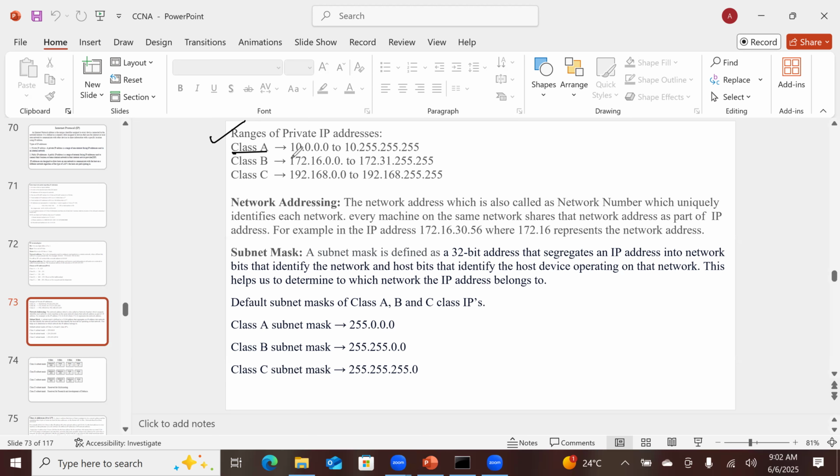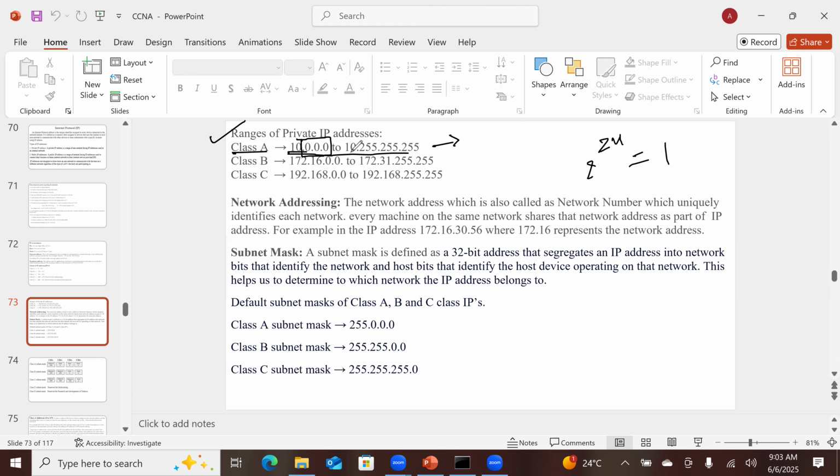That means in a single network, the 10 network, we will have 1 crore plus IP addresses, because we have 3 host parts. 3 host parts means we have 24 bits for host assignment, 2 raised to 24. If your mathematics is really good, you can calculate this one. You may get up to 1 crore something.